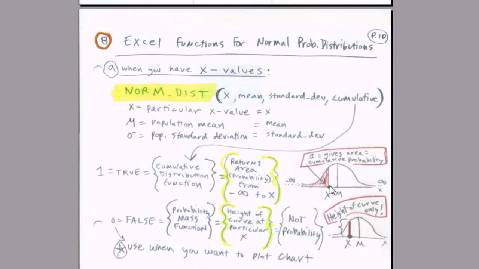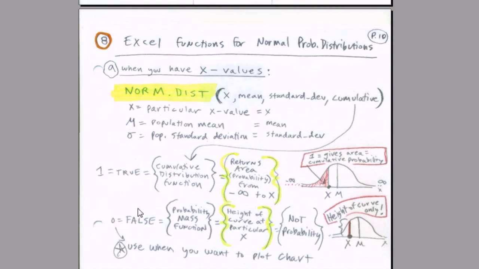So when we're calculating between two values, all of our formulas will come from the fact that it's going to calculate from -infinity up to some x. If we want to start going on the upper end, we're going to have to do 1 minus. All right, so 1 is cumulative distribution function, that's the name of the argument. It really returns the area probability from -infinity to the x.